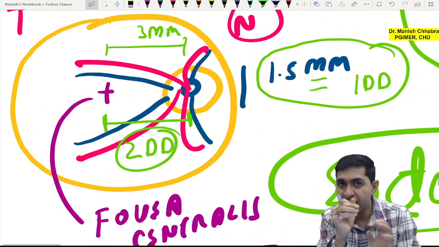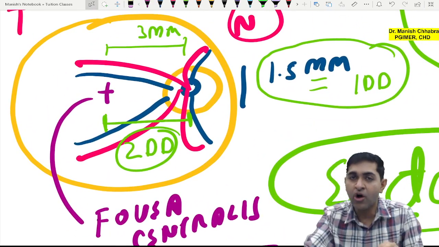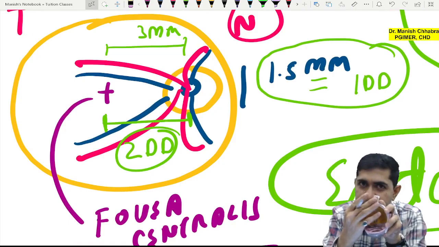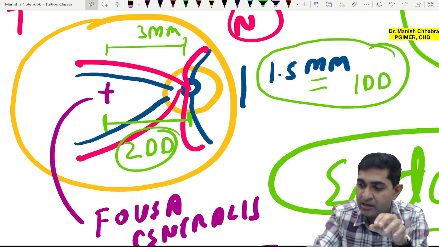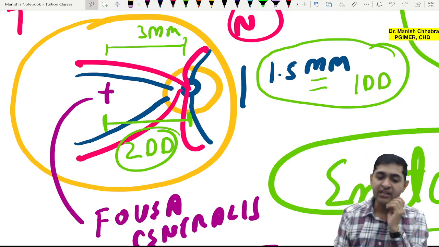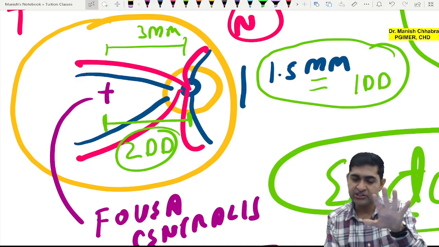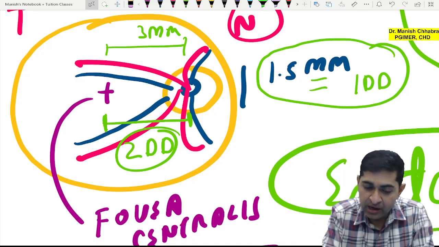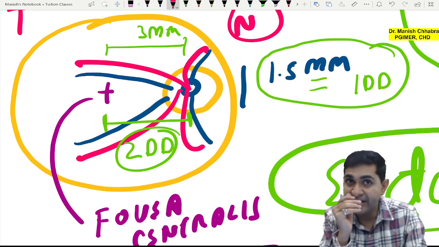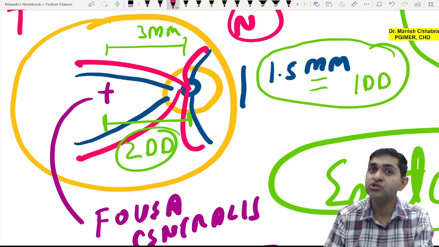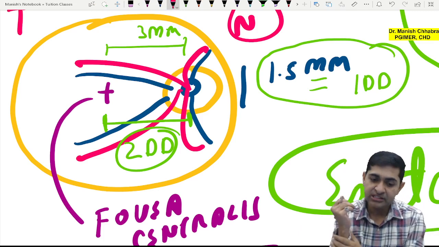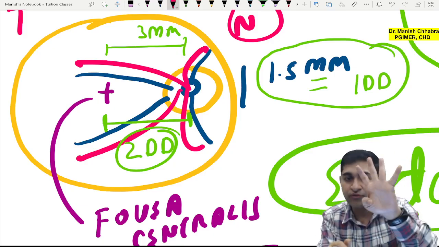Now the blood vessels are entering through the optic nerve. We had done it in the first episode. So when the vessels are entering in the optic nerve, this is your central retinal artery, which is a branch of ophthalmic artery. Yes. So central retinal artery has got 4 branches.